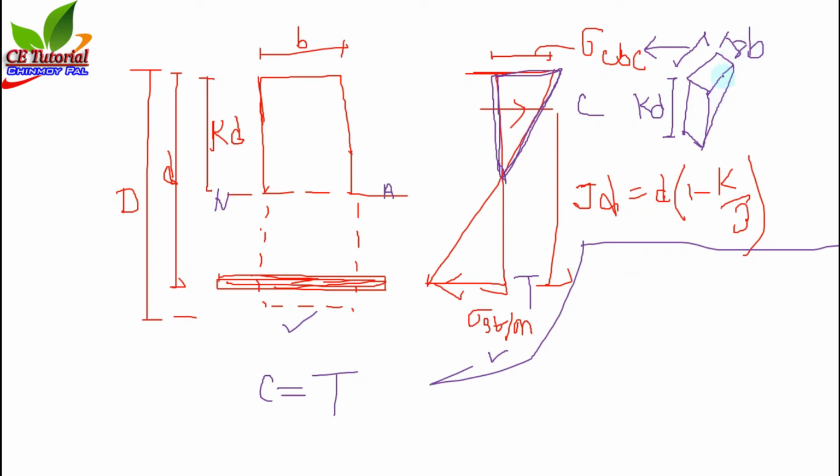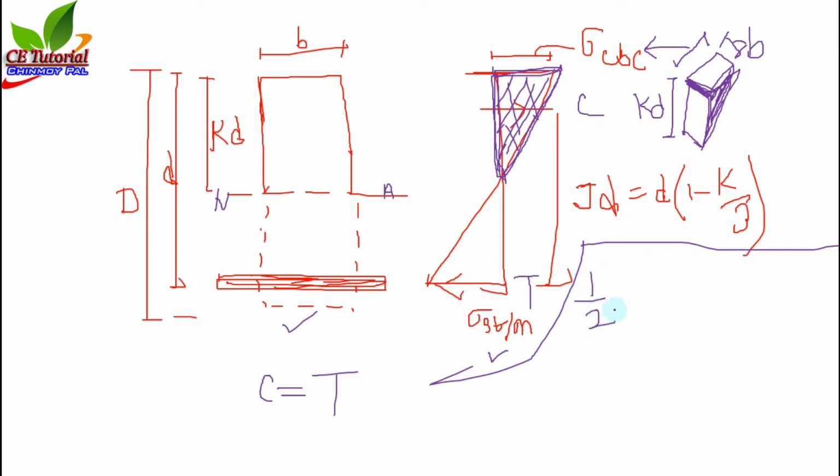Now if you want to calculate the total volume of this three-dimensional figure, you just calculate the area of this triangle and multiply it with B, then you can get the total volume. So the area of this triangle is sigma CBC multiplied by KD into half.